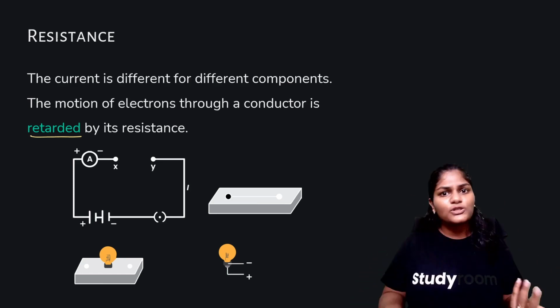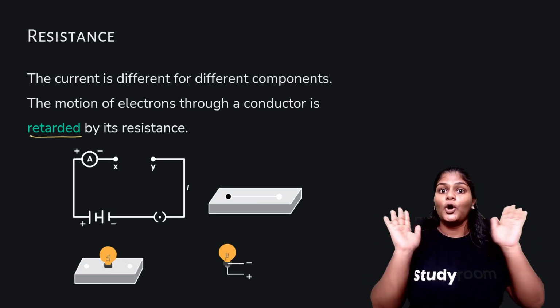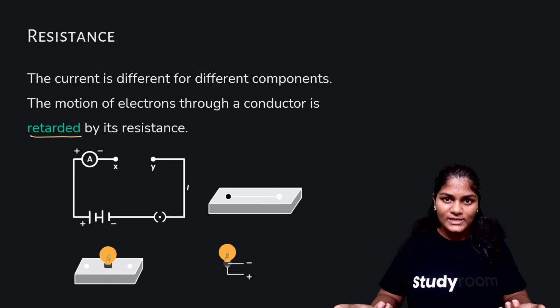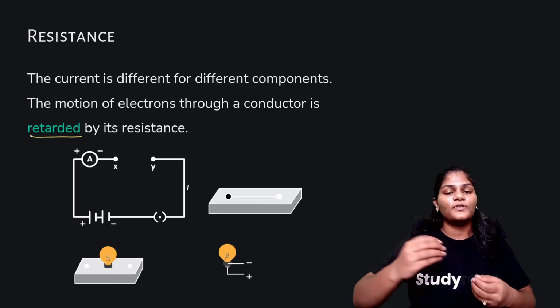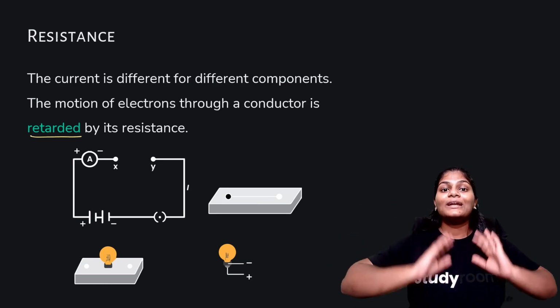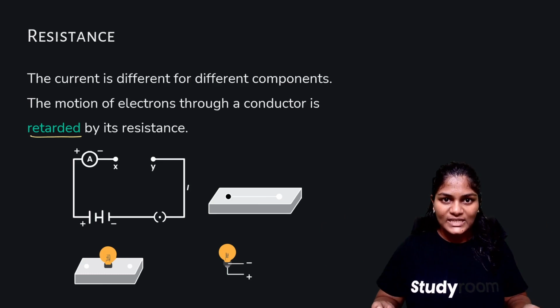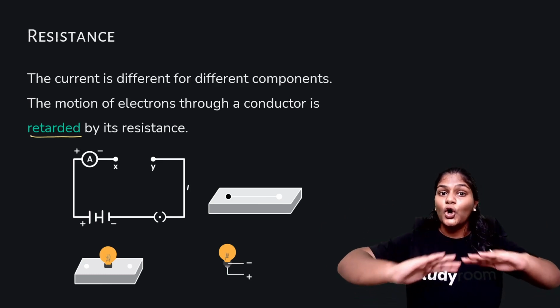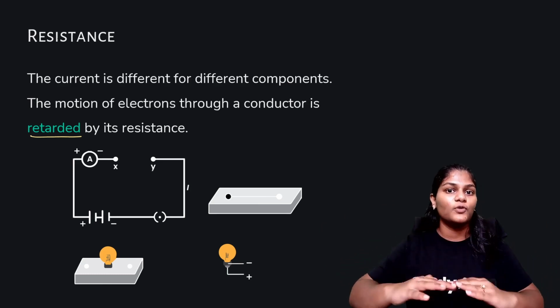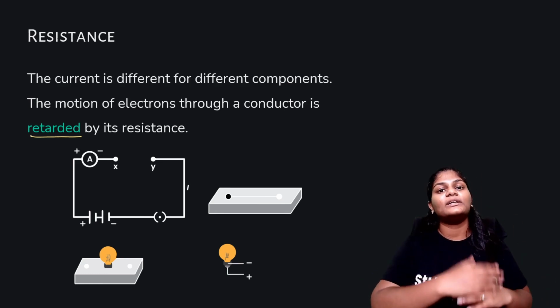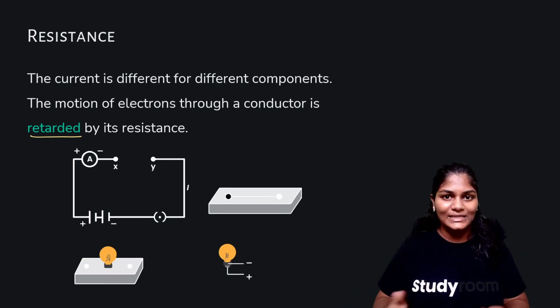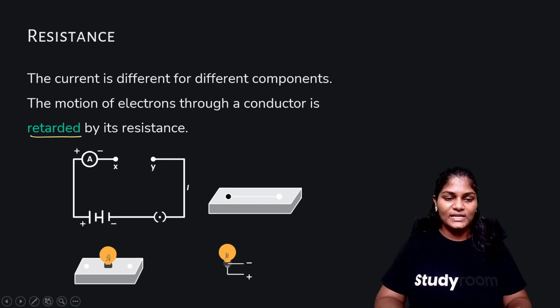That the copper wire does not provide a lot of resistance or opposition to the flow of current, right? So based on that, we say that the resistance of a conductor is more when current is not able to flow through it easily. That means it resists or opposes or retards the flow of current. And when the resistance is less, that means current can pass through the resistor easily. Okay, simple as that.